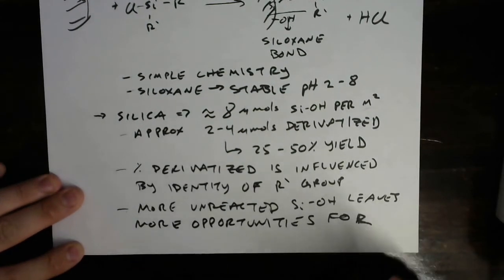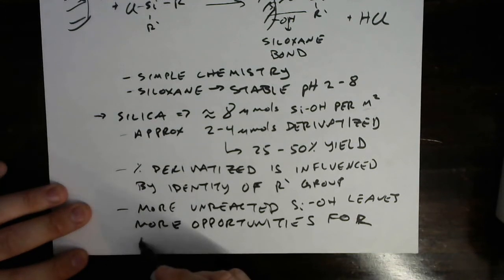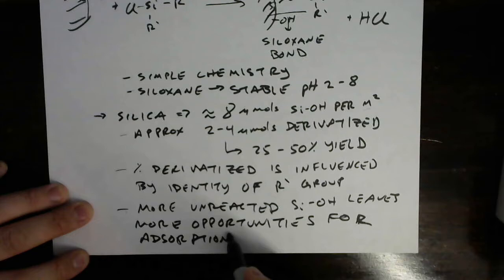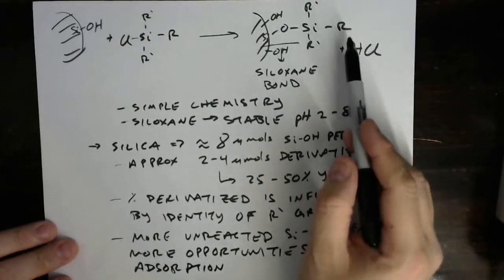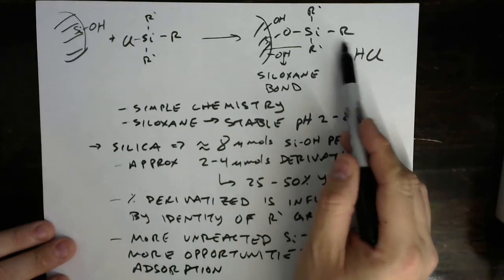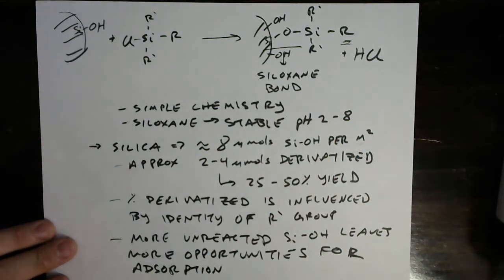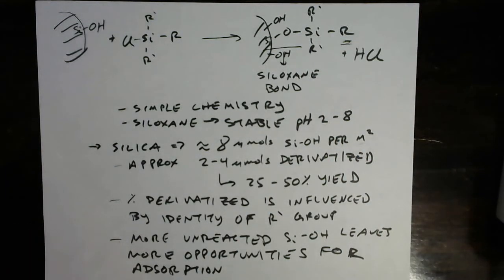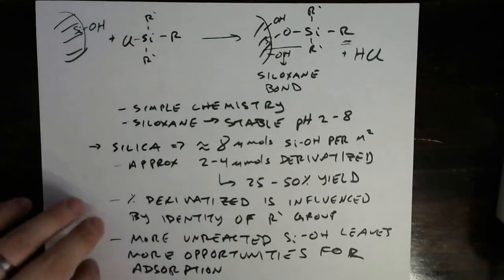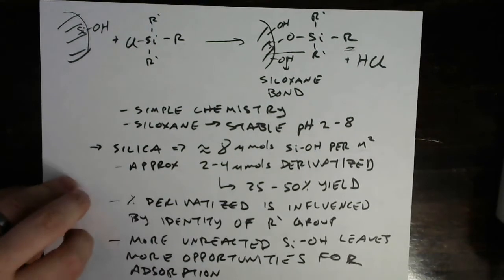Which is the thing that we're actually trying to avoid here. We would much rather control the nature of the interaction in the stationary phase by controlling this chemistry than be at the mercy of these high energy interactions with these OHs. Okay, so that's kind of the concept of what a bonded phase is.